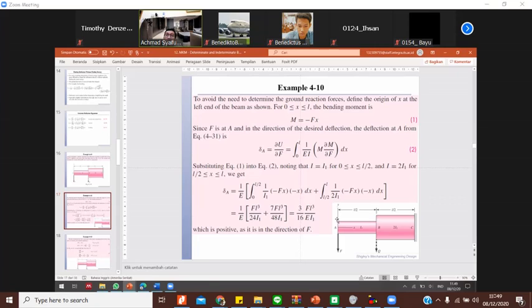We can omit finding the ground reactions. We just try to find the bending moment from 0 to L. So the bending moment is going to be minus x and x.